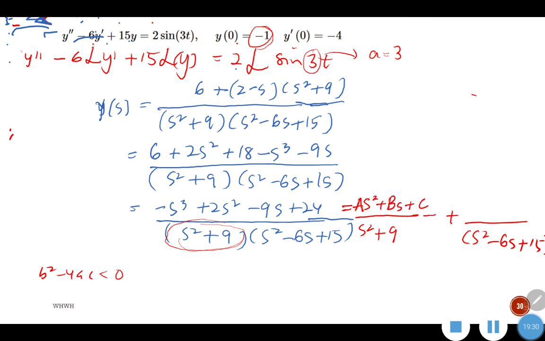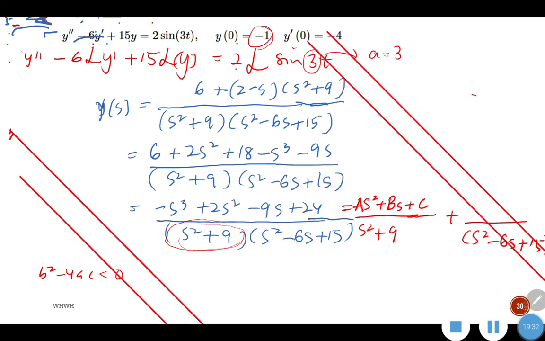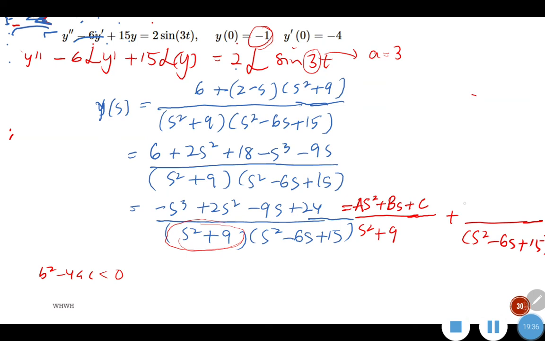And here also the same, start with s square, so we proceed after c, now we have d s square plus, after d, e s plus f. So from there you are to find the constants a, b, c, d, e and f.